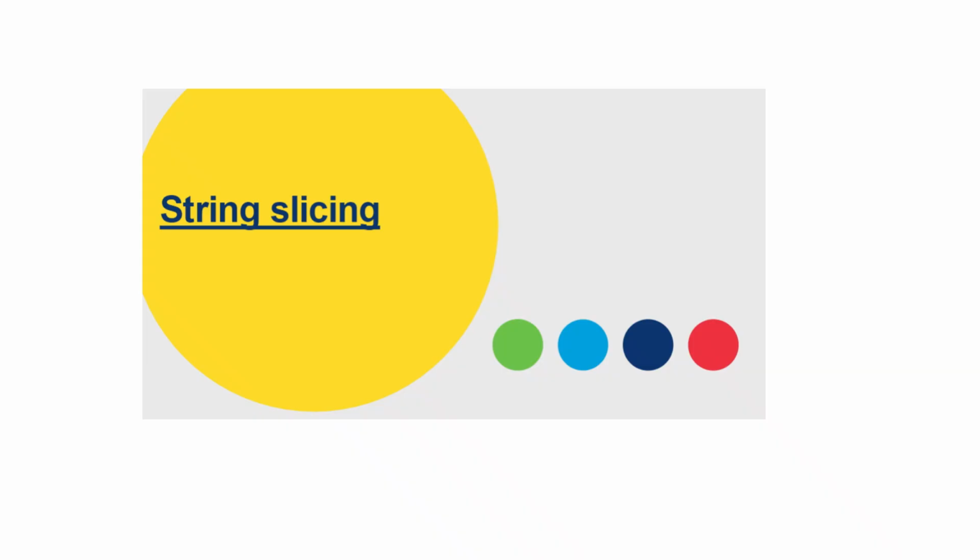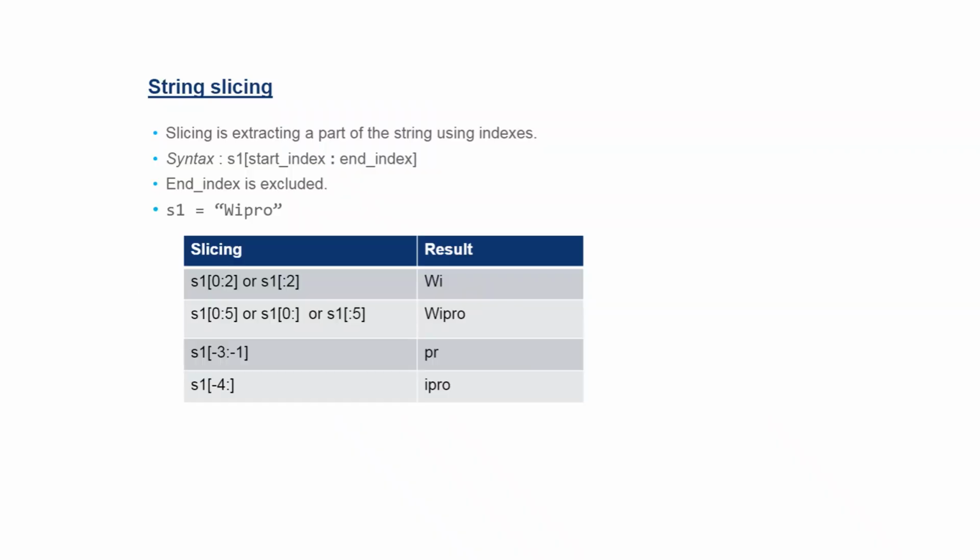Next, let us discuss string slicing. Slicing is extracting a part of the string using indexes. Syntax: s1 of start index colon end index. End index is excluded. In S1 we are taking a string called Wipro.